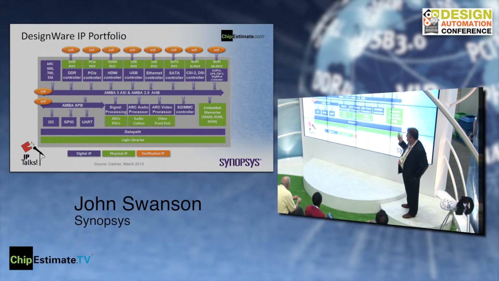I'm going to give you an update on what's new with DesignWare IP. Some of you may be familiar with it, may have used it before. We've amassed quite the portfolio over the years. It actually started with the data path technology. A lot of people don't realize that in the early days of Synopsys, we started creating multipliers, floating point components, data path components that work very closely with your synthesis tool, Design Compiler, ICC Compiler.